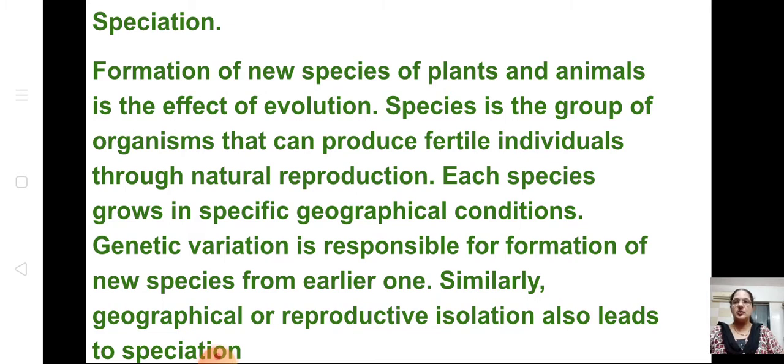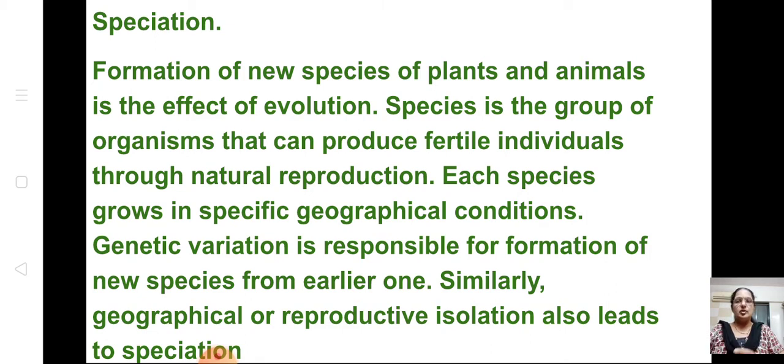Each species grows in a specific geographical condition. We all know a particular environment, they grow in that particular geographical condition. Genetic variation is responsible for the formation of new species from earlier ones. Similarly, geographical or reproductive isolation also leads to speciation.